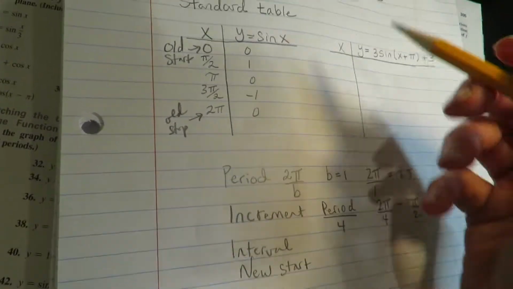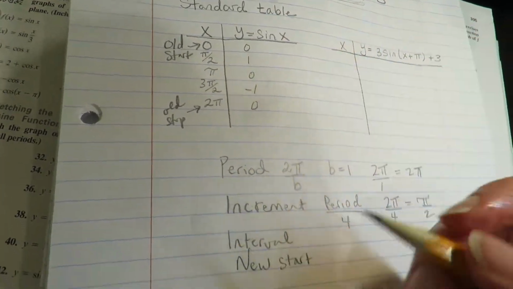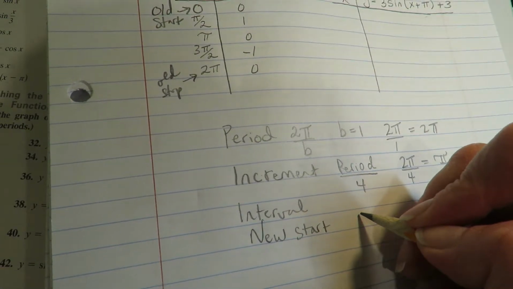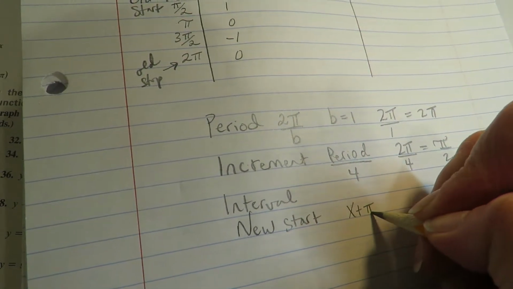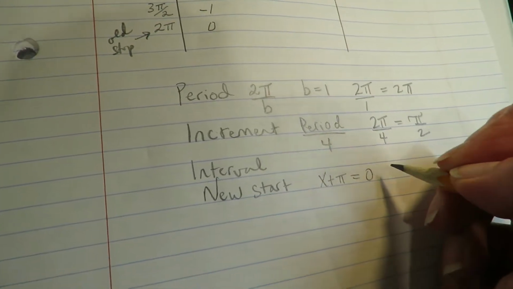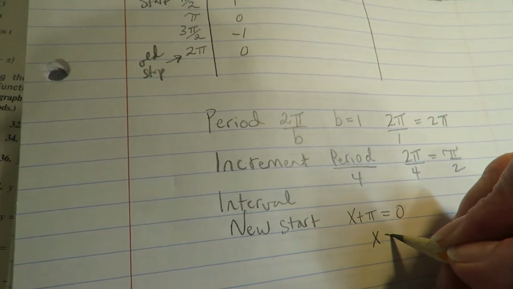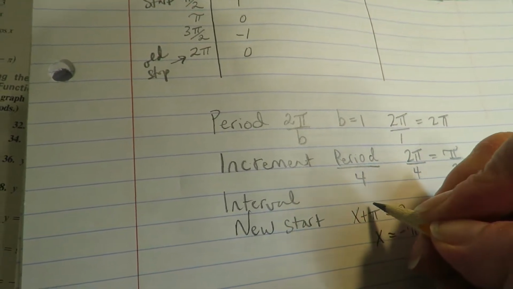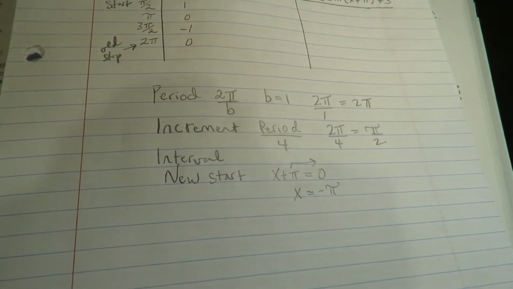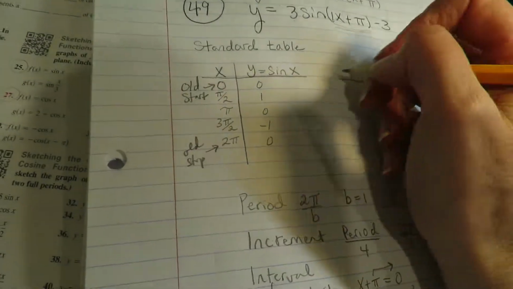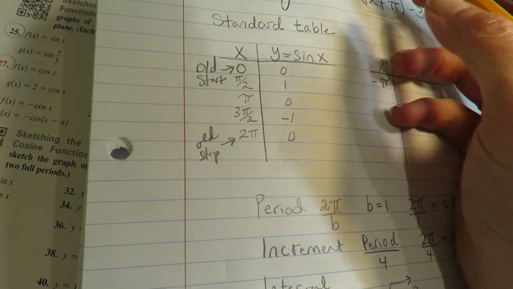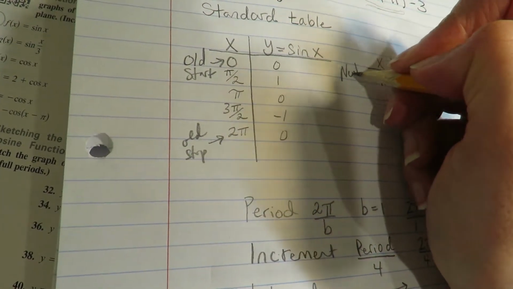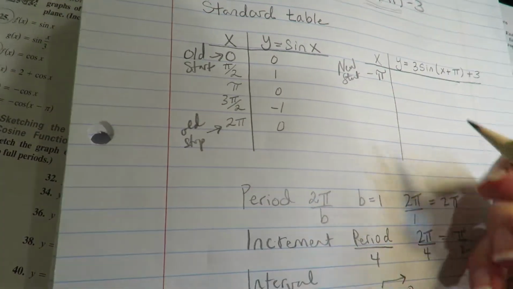So if you do the new start, what you do is you take the guts, or the inside, you say x plus pi equals 0, and you solve for x. Okay, so that means you still have to subtract the pi to the other side. So that means that the new start is negative pi.